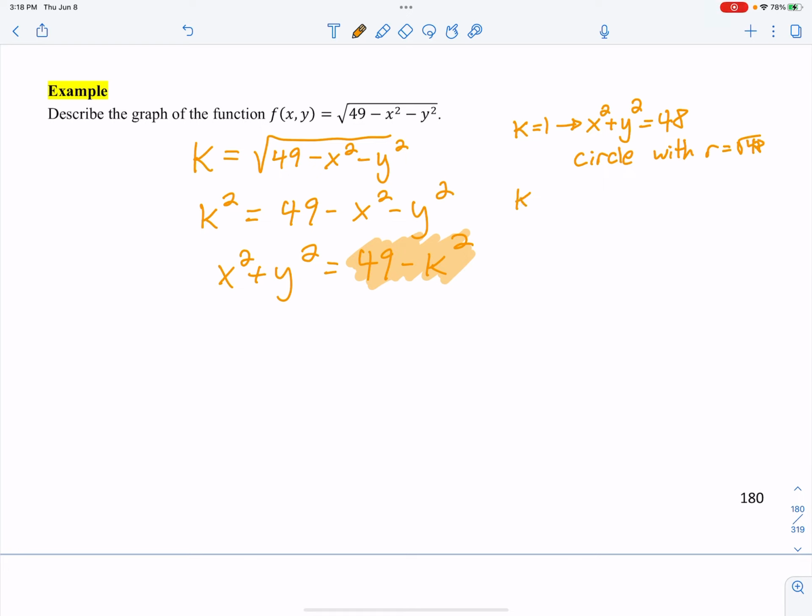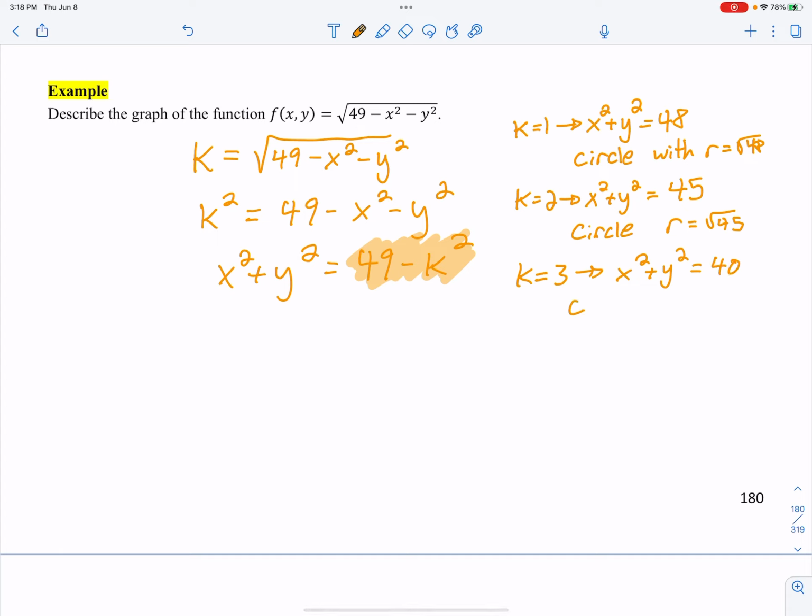If I let k equal 2, I get x squared plus y squared equals 45. That is a circle with radius squared of 45. If I let k equal 3, I get x squared plus y squared equals 49 minus 9, so 40.